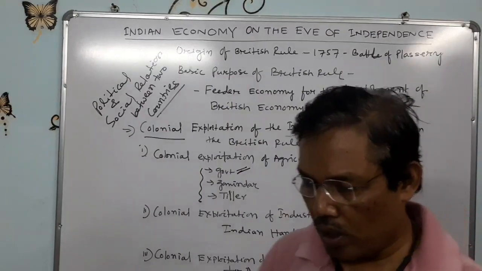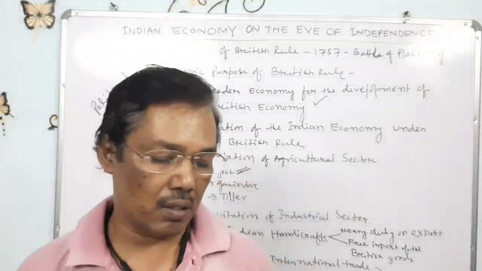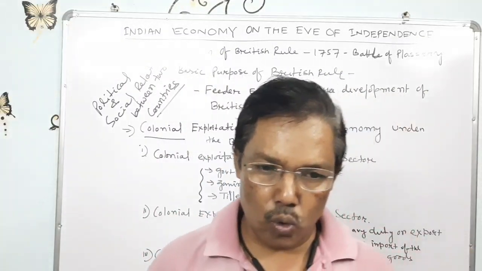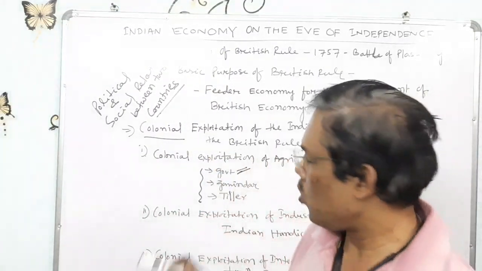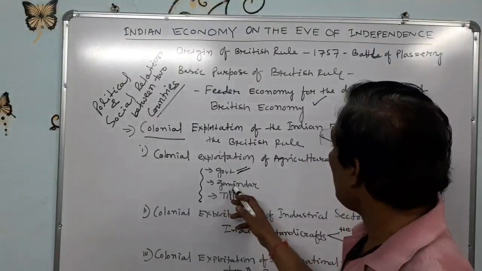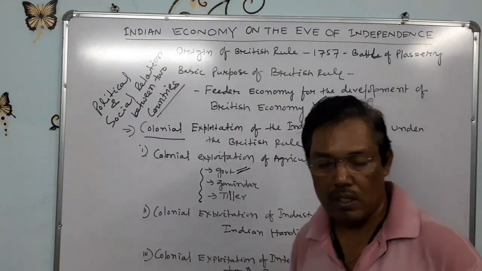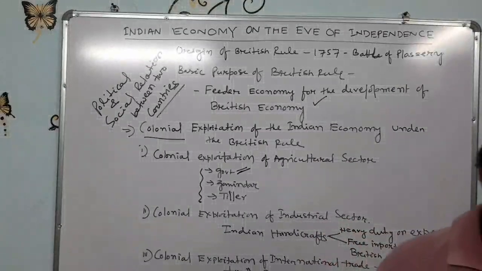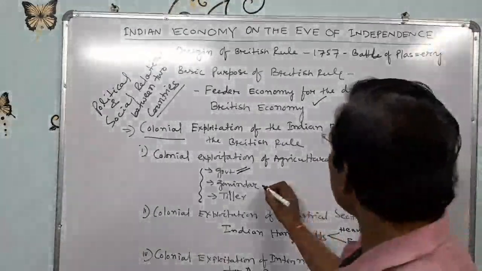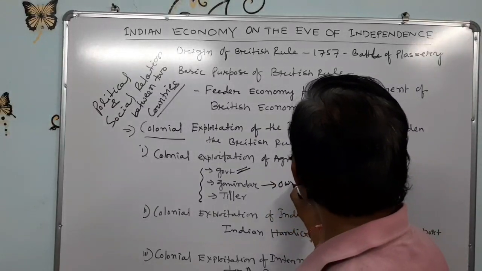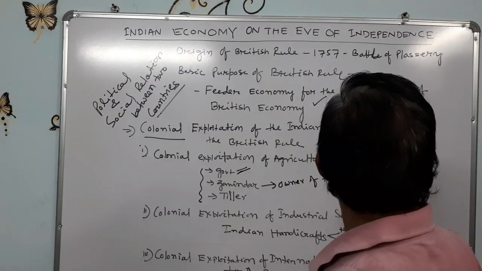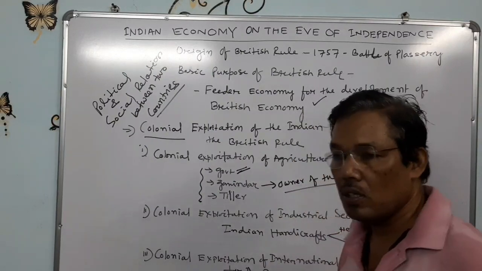At that time there were some landlords, who are called zamindars. When they entered the country and started to rule, those who were the landowners or landlords were called zamindars. The zamindar was declared the owner of the soil.